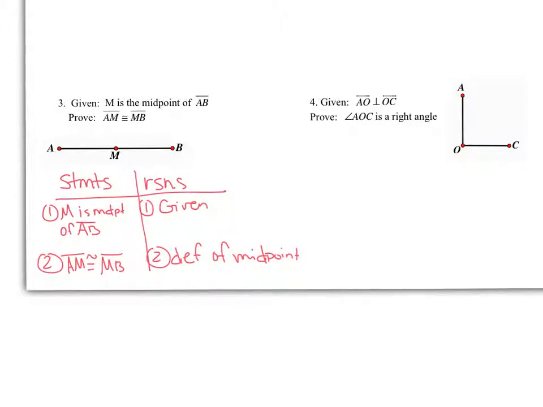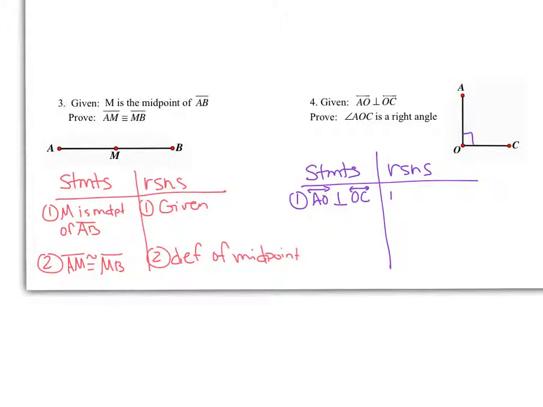Okay, so let's look at this next one. We have that AO is perpendicular to OC. So I'm going to go ahead and mark what we know, although we will have to do statements and reasons for that. So we know that line AO is perpendicular to line OC.